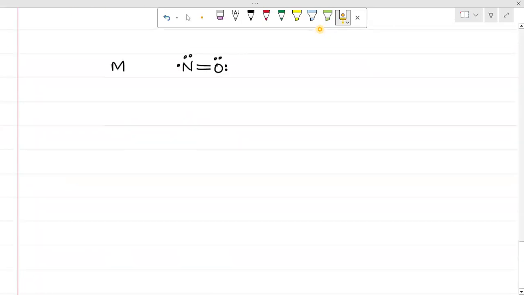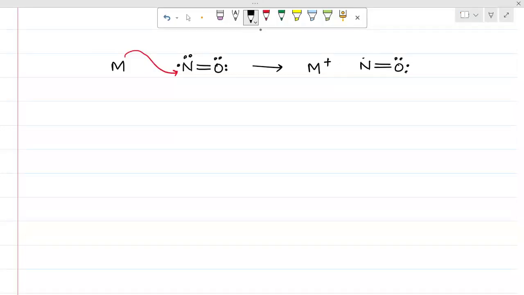Okay, now the other way to satisfy the octet of NO is it grabs 1 electron from the metal. So the metal becomes plus. It was like this. It has gained 1 extra electron, and now it is NO minus.